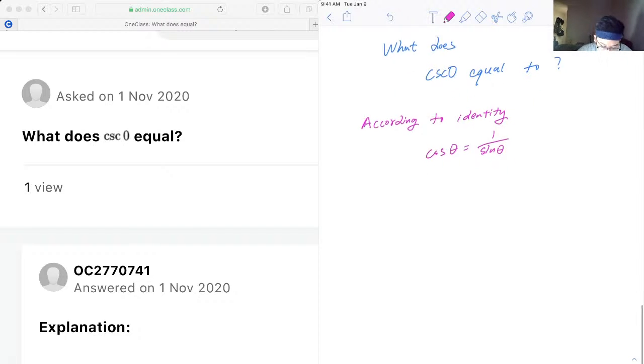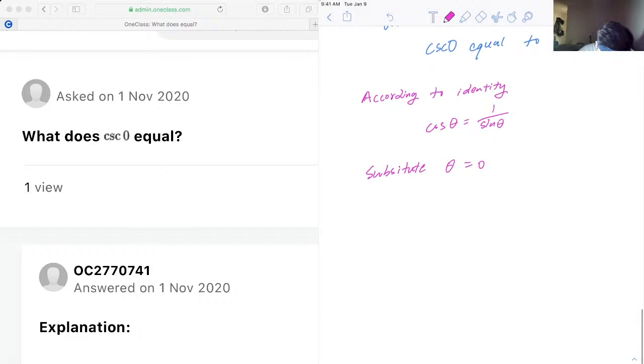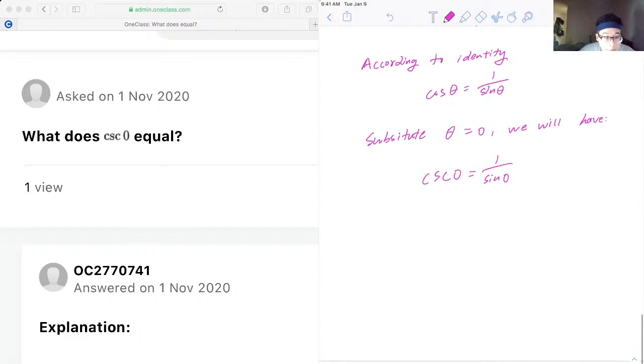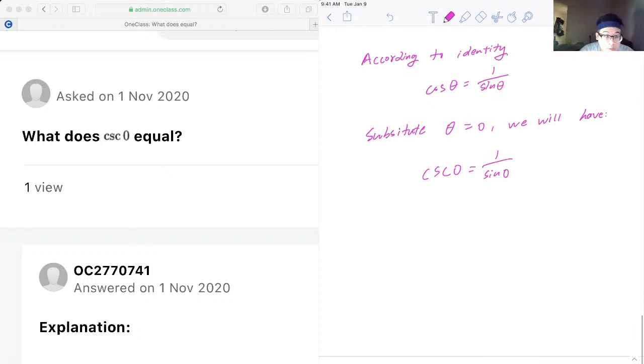Okay, and in other words, if we substitute theta is equal to 0, we will have cosecant 0 is equal to 1 over sine 0. Okay, and we know that the sine of 0 is also 0.